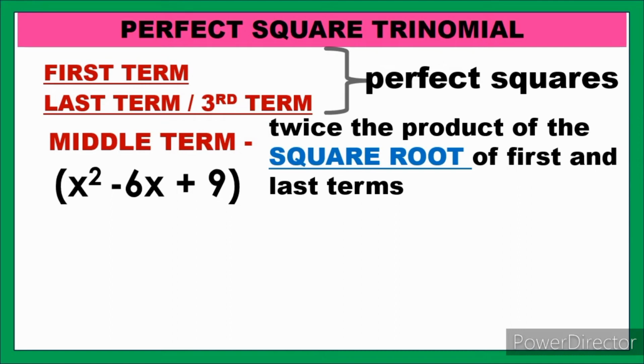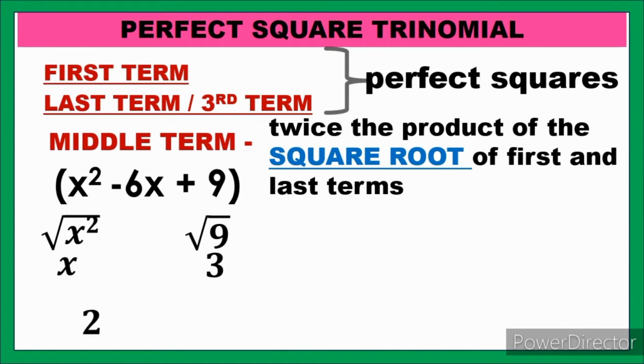But we must also check if the middle term of the given trinomial is twice the product of the square roots of the first and the last term. To check the middle term, we find the square root of the first term, x squared, and the square root of 9, the last term. The square root of x squared is x, while the square root of 9 is 3.